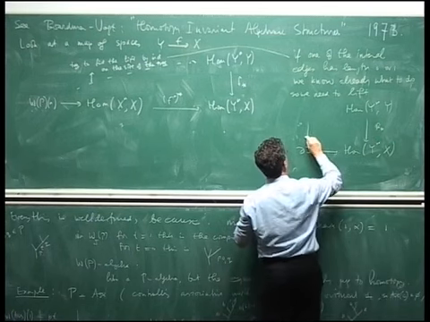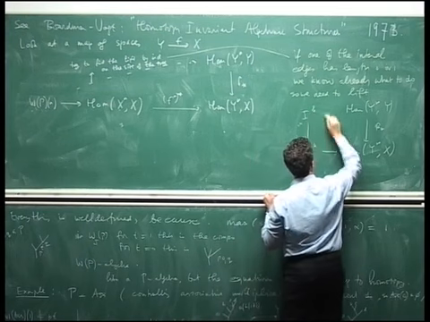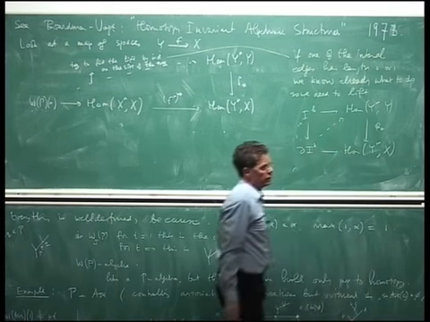So k is the number of internal edges in the tree. We need to lift like this.